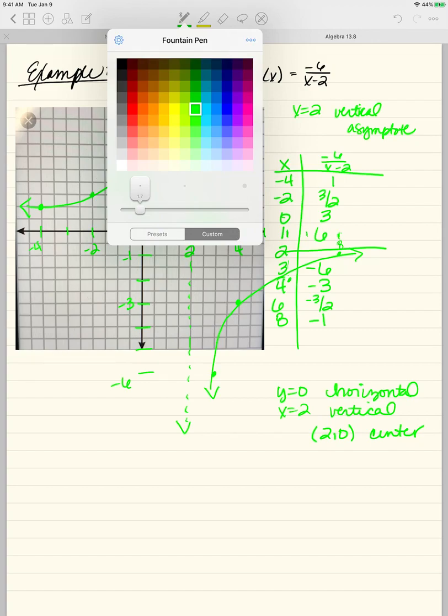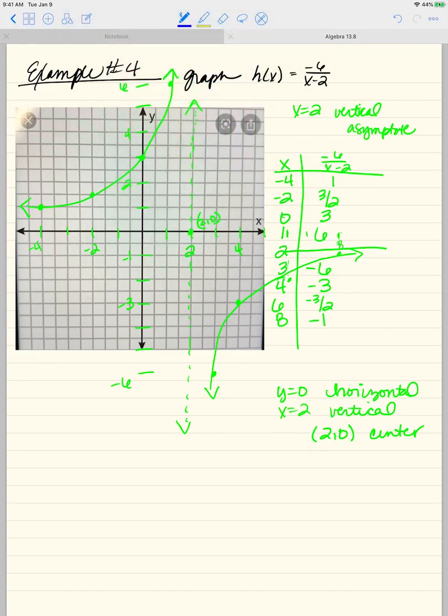Now, I'm going to switch colors because that green's getting hard for me to see, okay? The graph of a function in the form y is equal to a over x minus h plus k is a translation of the base function y is equal to a over x.